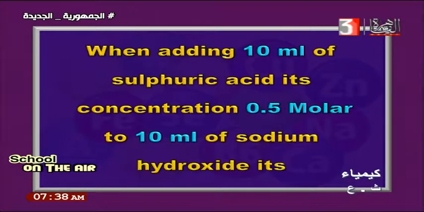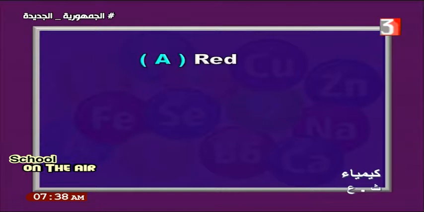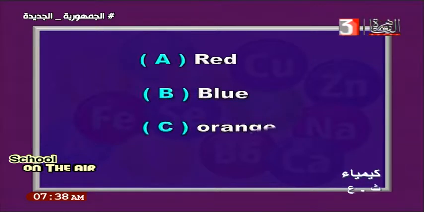When adding 10 milliliter of sulfuric acid, its concentration is 0.5 molar, and 10 milliliter of sodium hydroxide, its concentration 1 molar, then adding litmus to the solution, the color becomes what? Red, blue, or orange, or purple.